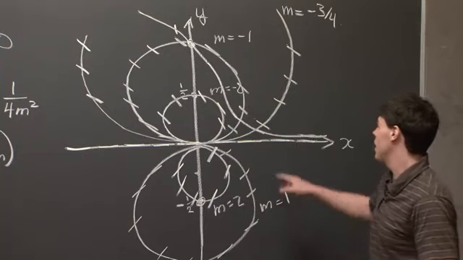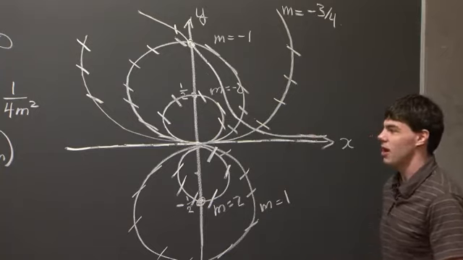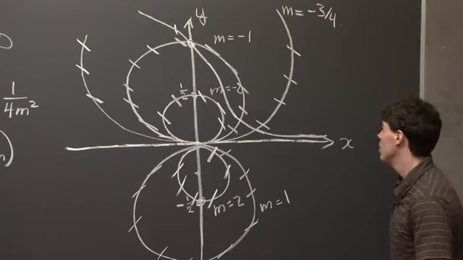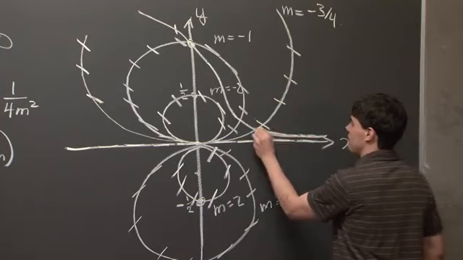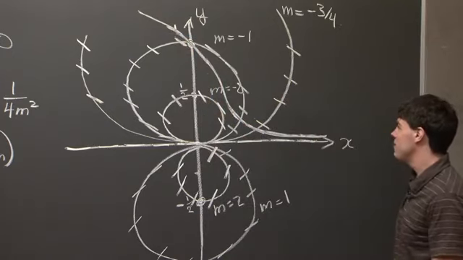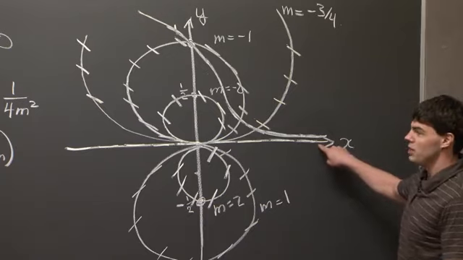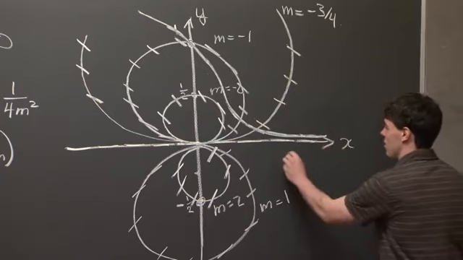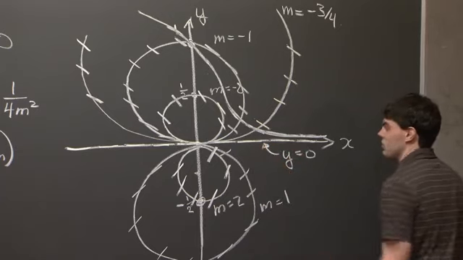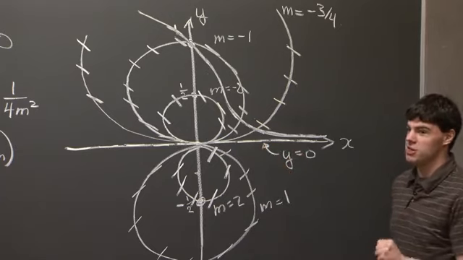Okay, so why is y of x always bigger than 0 for x greater than 0? Well, we see that this solution curve stays in the upper half plane, and we note that y is equal to 0, which is the nullcline, is actually a very special curve.